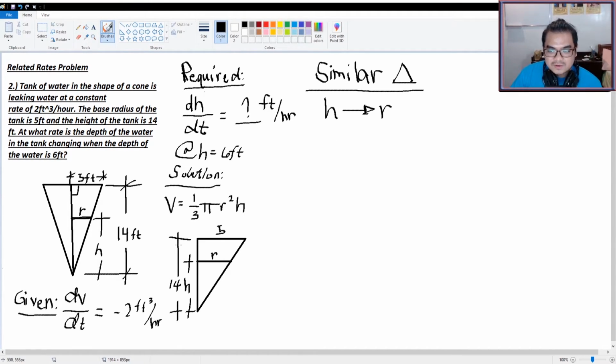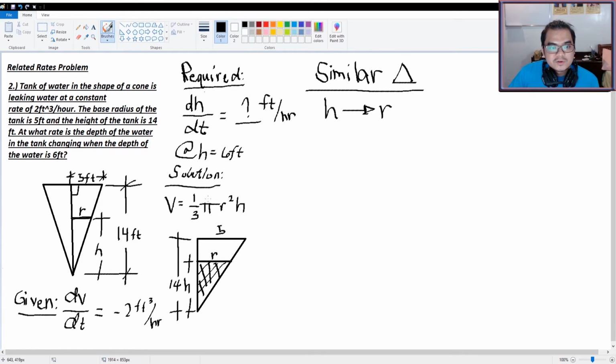The ratio of height to ratio of radius. As you can see, this is the first triangle, this one, and the second triangle will be the whole triangle.